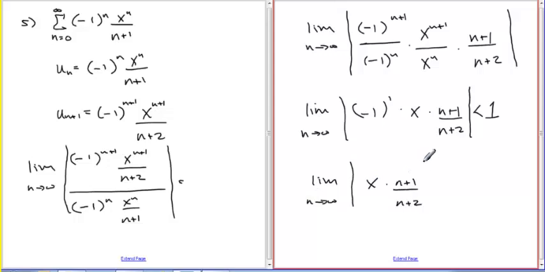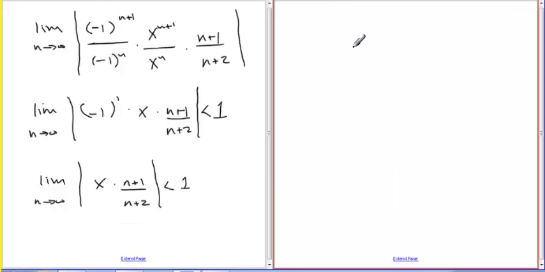Well, I can imagine values of x where this is going to be greater than 1. But as you let n go to infinity, this term is going to become 1. Because we'll get infinity plus 1 over infinity plus 2, so you get infinity over infinity. And that's an indeterminate result, so you might ask, why did you do that?